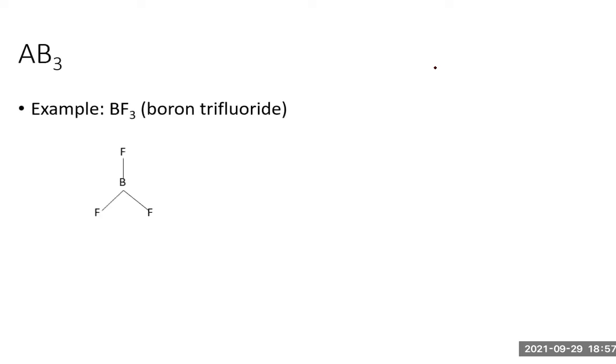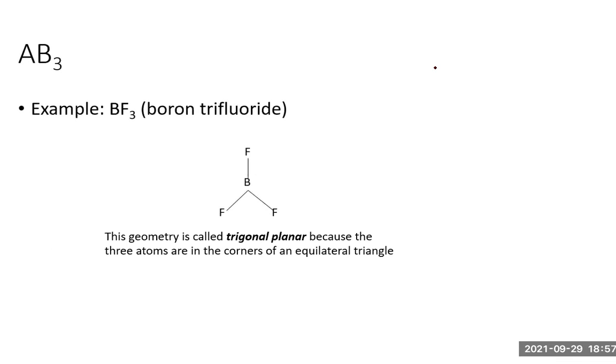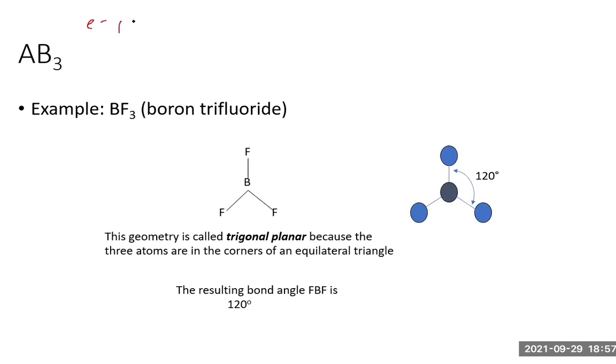The next example is a central atom where we have 3 things attached. Again, here, the electron pair geometry and the molecular geometry. We go to the center atom. It's got 1, 2, 3 electron pairs. It also has 1, 2, 3 bonds.